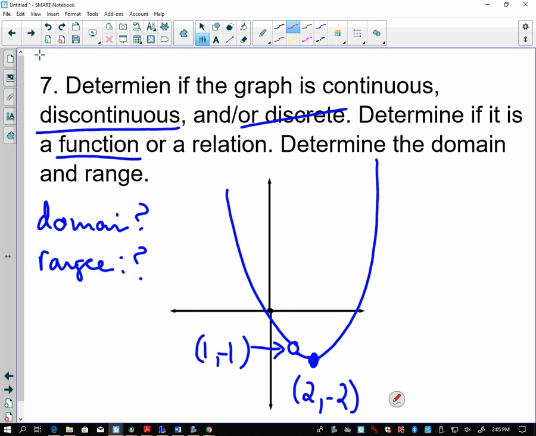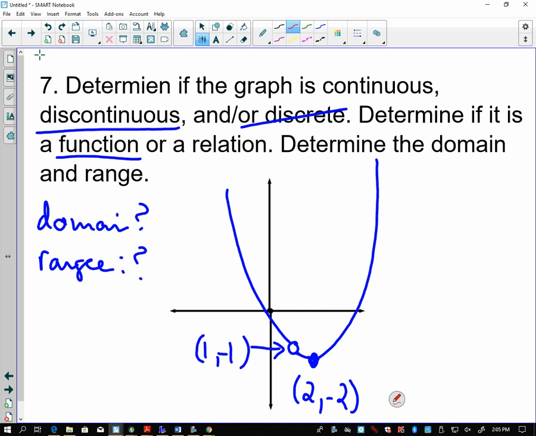I mean, you can have one over another one, or a point over a point. You're basically saying that it doesn't pass the vertical line test. We could have. It just wouldn't be a function at that point. It would be like a discontinuous relation. Okay, I'm guessing that we forgot about this.